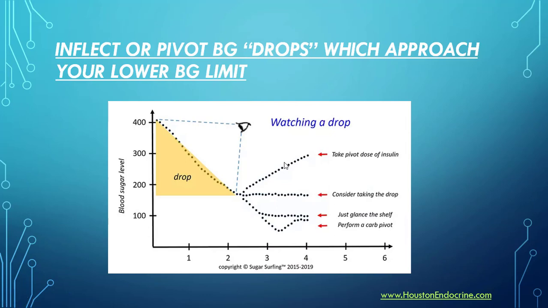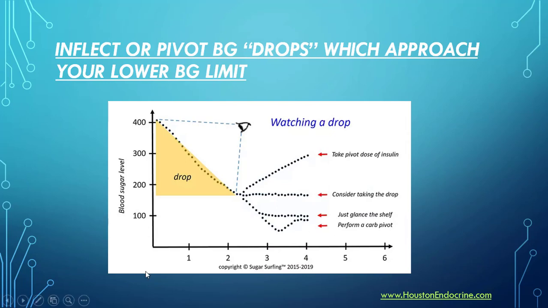And note, if you had the patience to wait, great. But if you hadn't, you may have started eating too soon or done something to try to bring that sugar up, and it would have come up anyway. So give yourself time to watch what's happening on a drop. A second option is to take the drop and see if it flattens out, and let it happen. That would be nice, if you don't have to do any intervention.